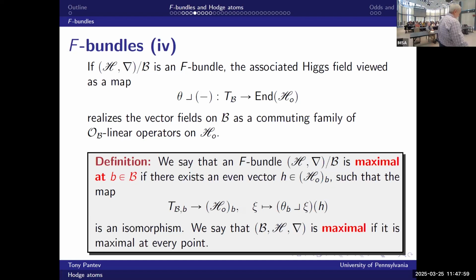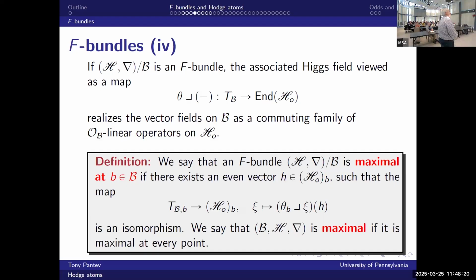So there is this notion of an F bundle, which is essentially the Koch filtration on a non-commutative Koch structure. And among all of those, there is maximal. There are some that are slightly bigger than maximal, which also appear for technical reasons, but I'm not going to talk about them.